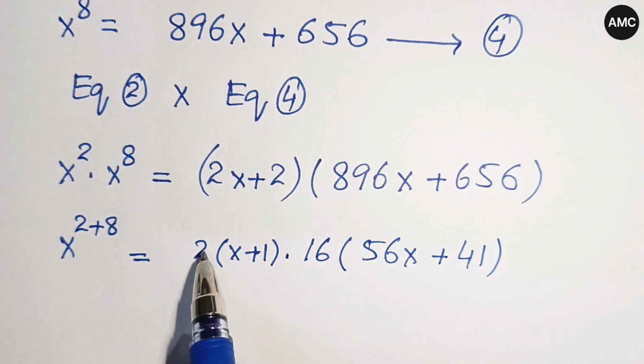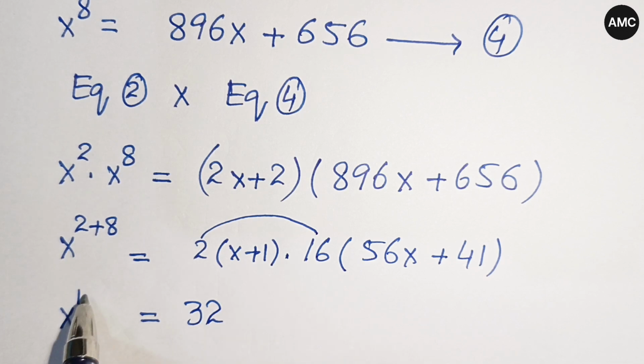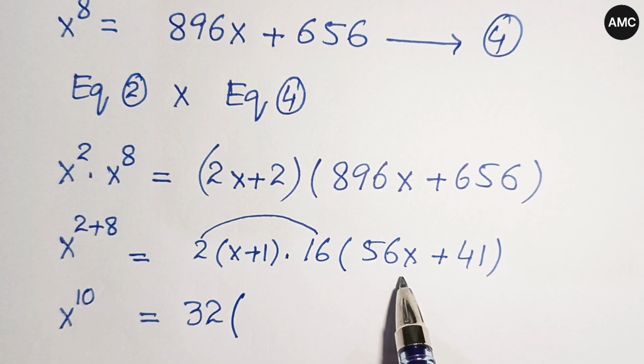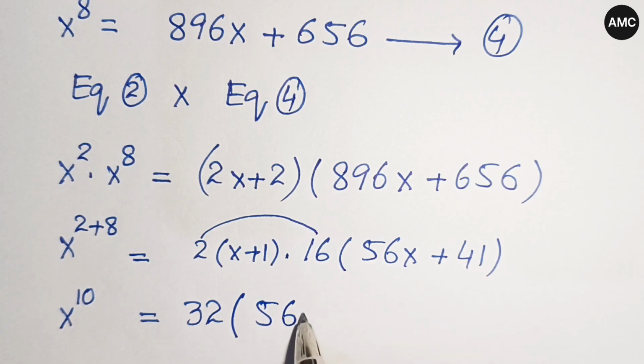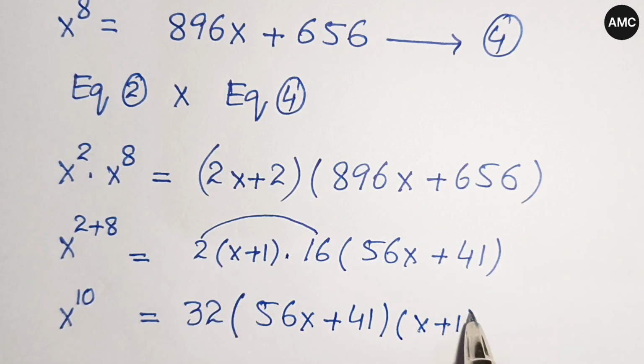Now here 2 times 16 is equal to 32, and our left hand side is x to the power 2 plus 8 is 10. So we have to solve, left hand side and right hand side of this equation. So here we have 32 times 56x plus 41 times x plus 1.